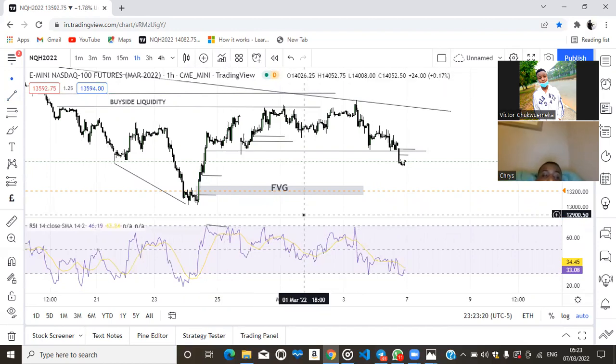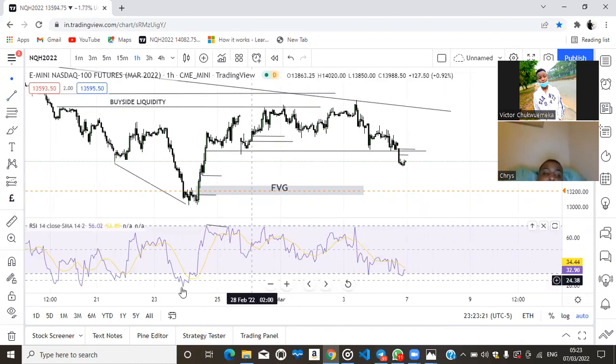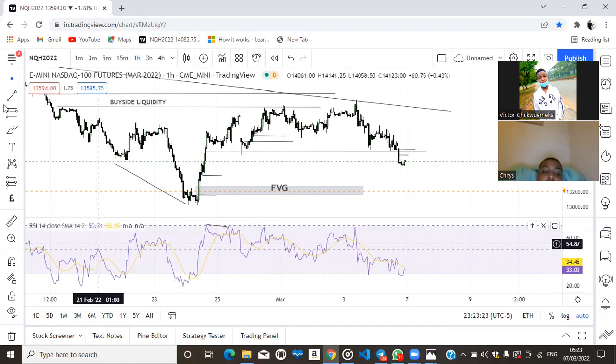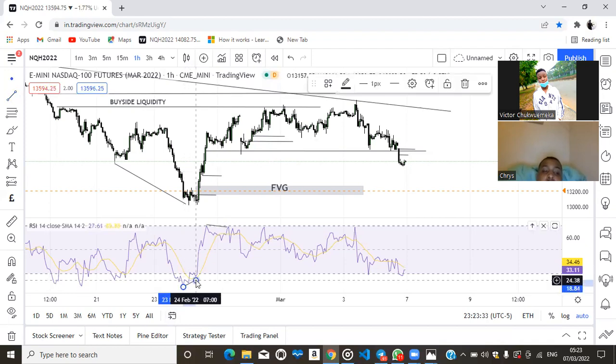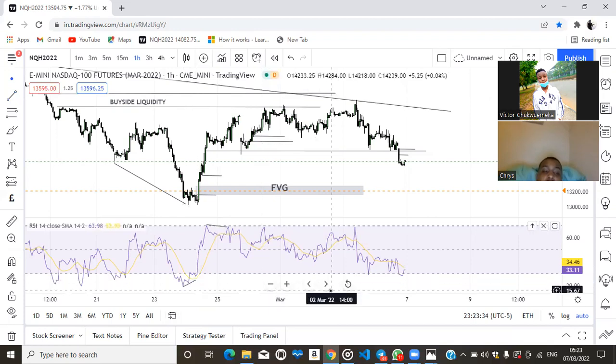There's another one back here around this low, you can see this one too. Or if you change this to line charts, you can see it better.